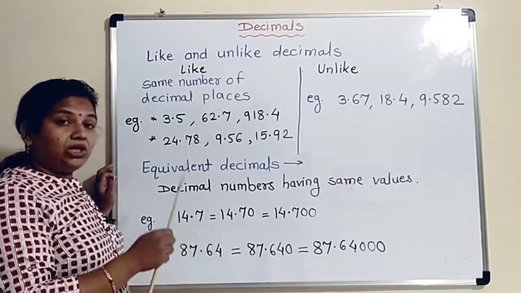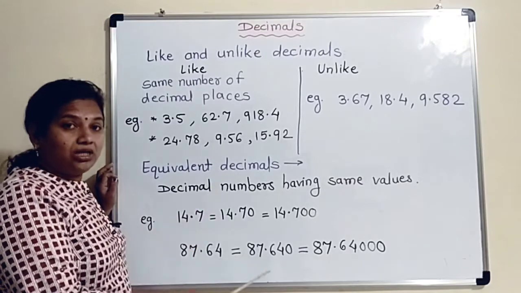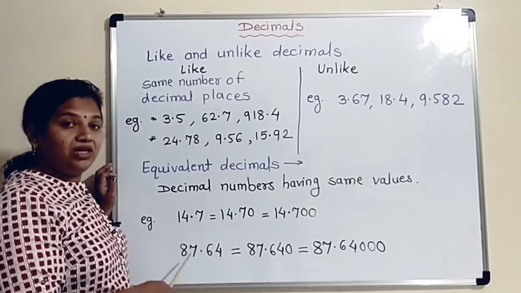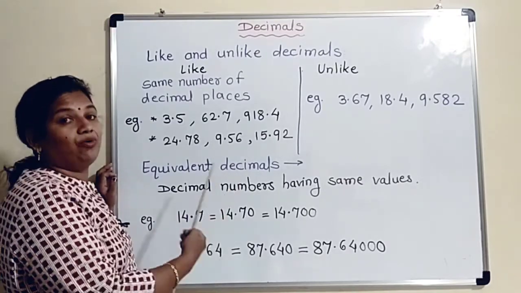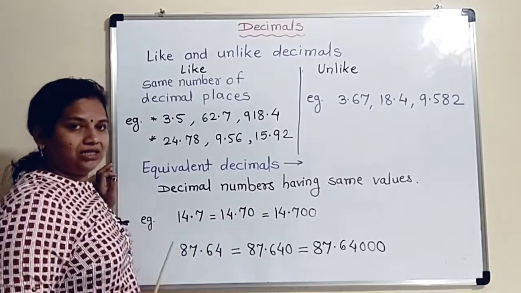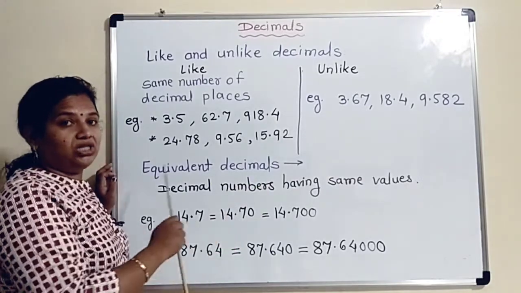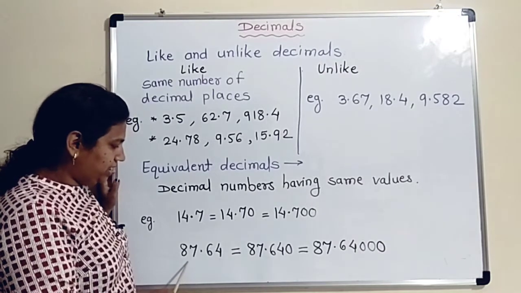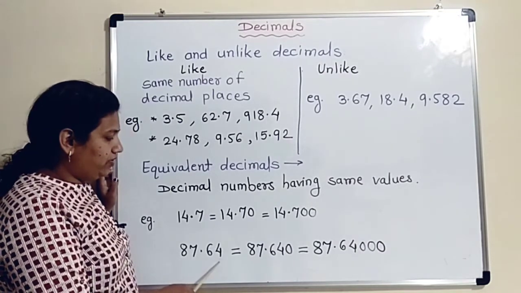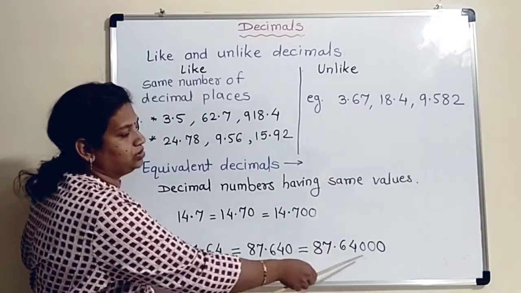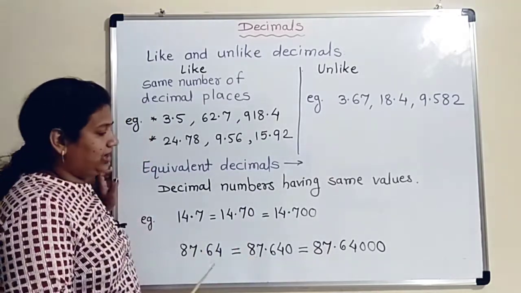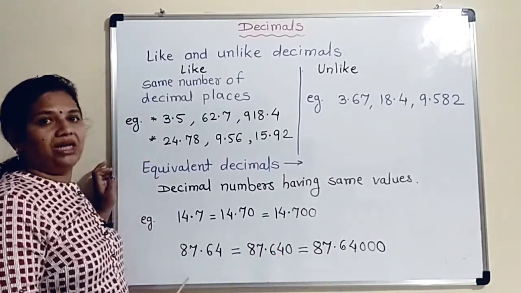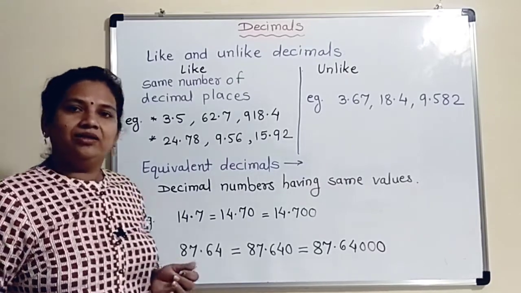So if there is a question to write any two equivalent decimals for the given decimal number, you just have to add zeros to the right hand side. That will not change its value. Here in this example 87.64, we can just add 0 to the right side and they will be equivalent decimal numbers. Thank you.